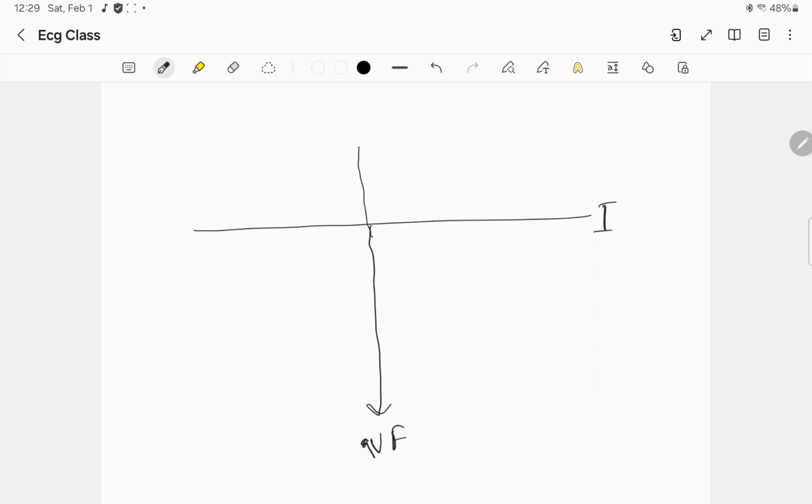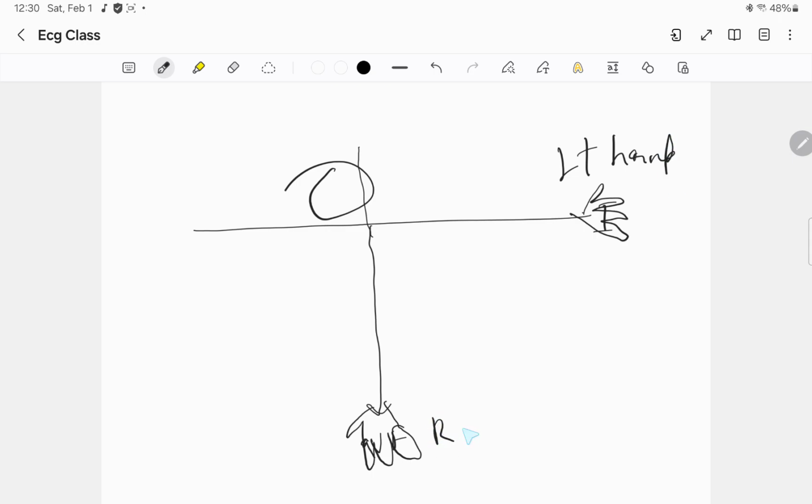Now imagine that these are hands, right? And there's a head here. So this is the left hand. So lead 1 represents the left hand, and AVF represents the right hand.